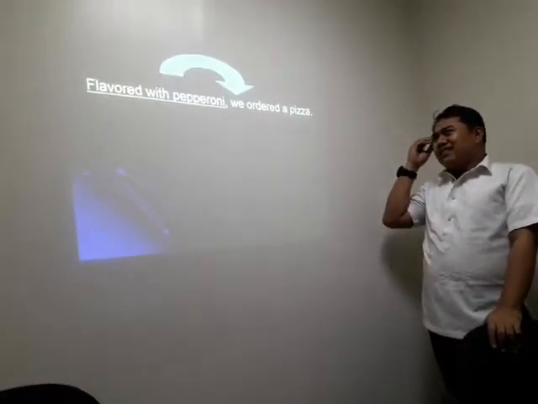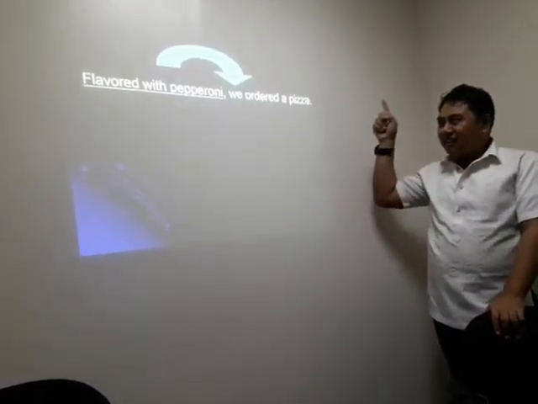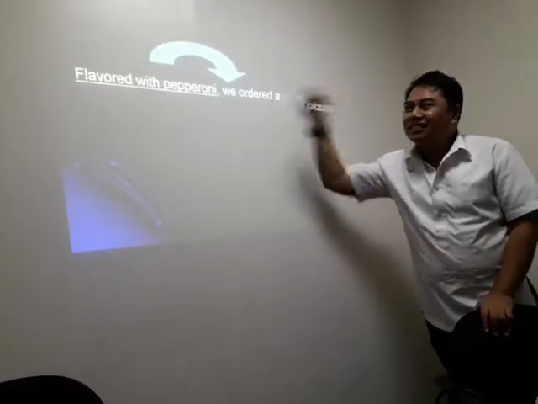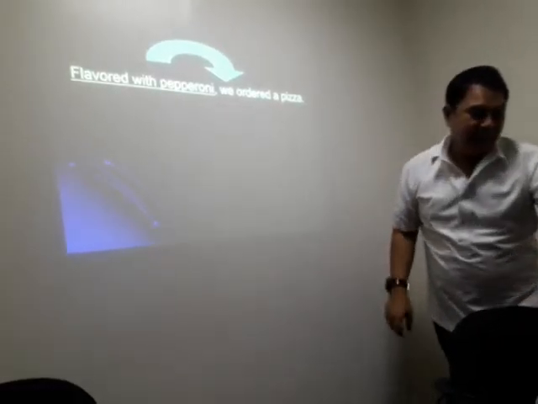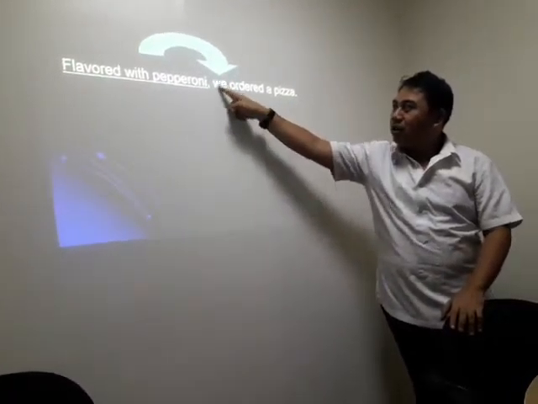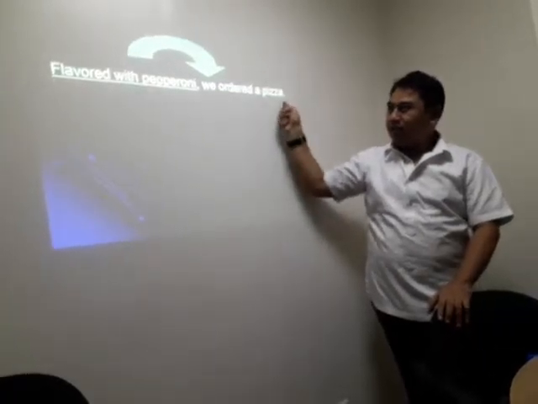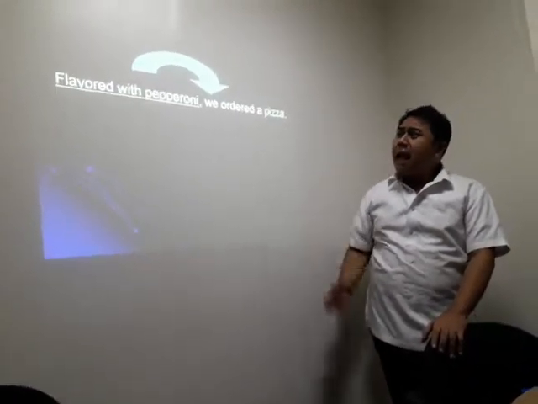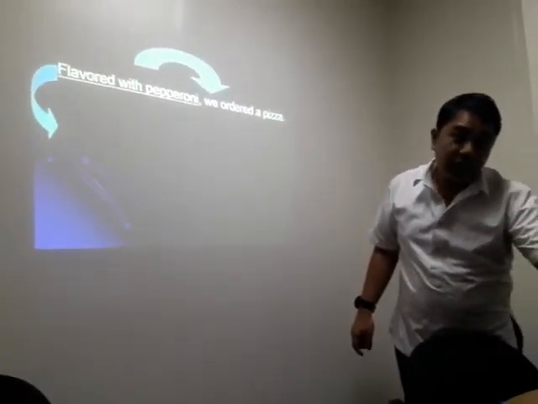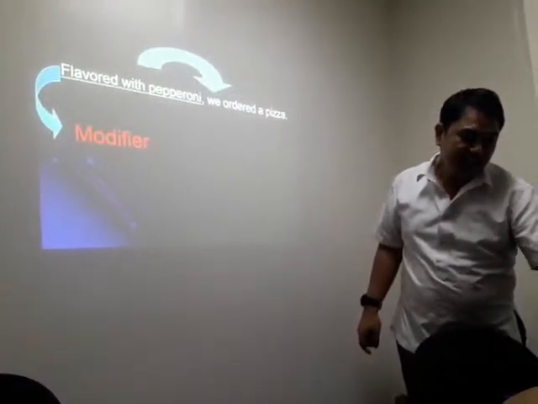So it's supposed to be the pizza which is flavored with pepperoni, not we. And notice, like what I told you, there are two nouns, or head words, that could be modified by the participial phrase. So we need to recast or revise the sentence.